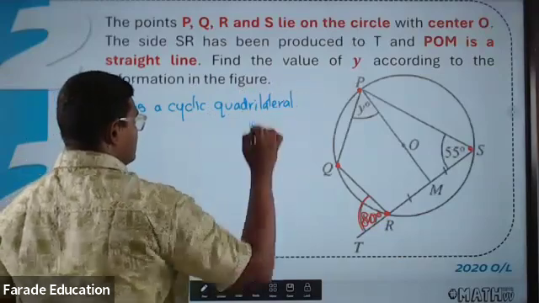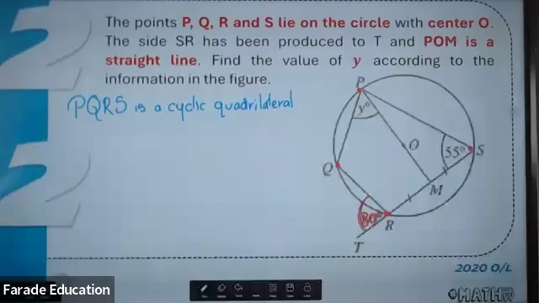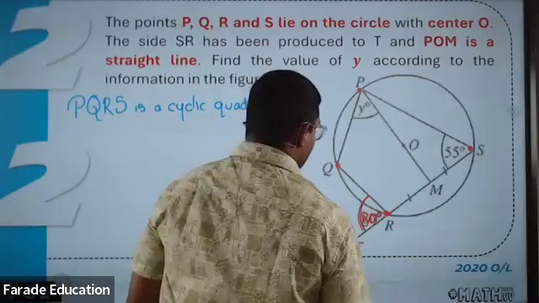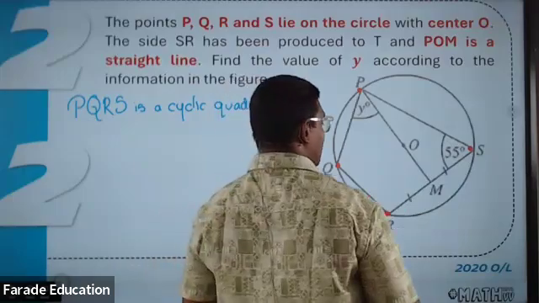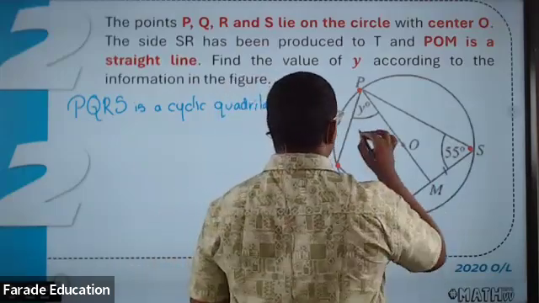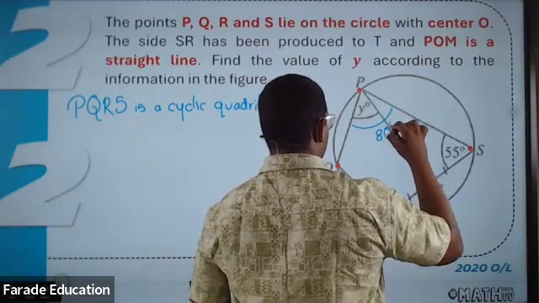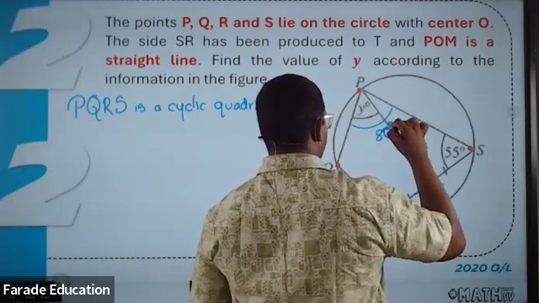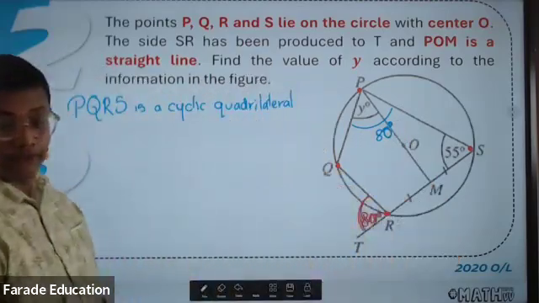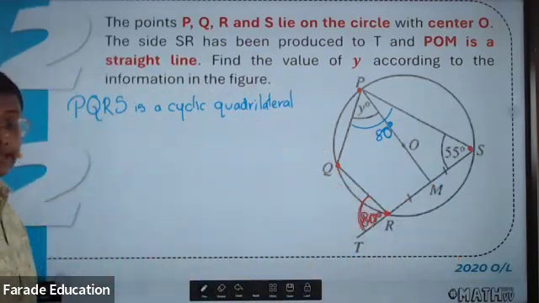If PQRS is a cyclic quadrilateral, and this is 80, the external angle is equal to the opposite angle. This entire thing is 80 degrees.